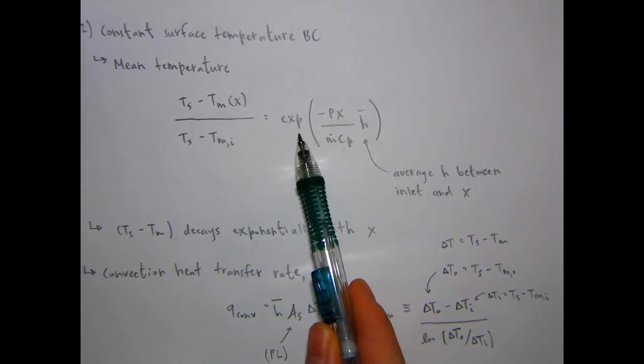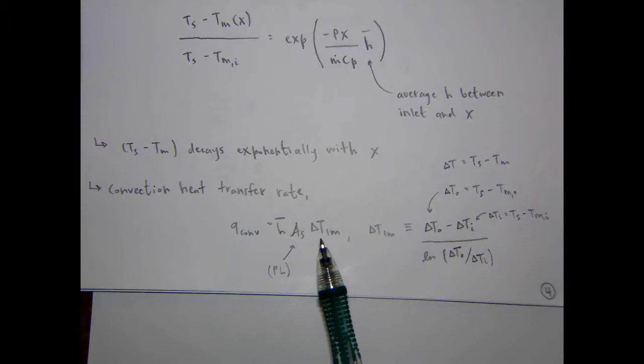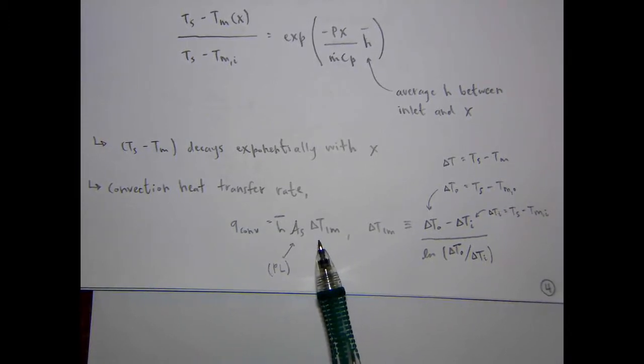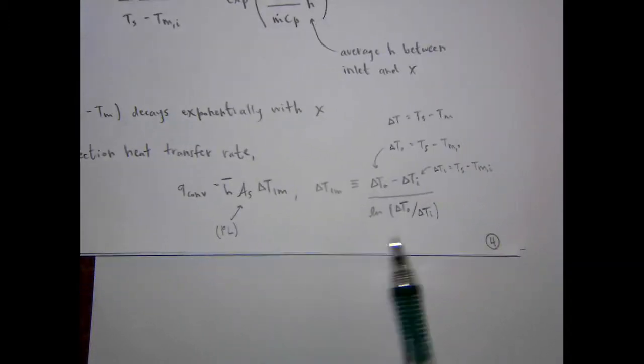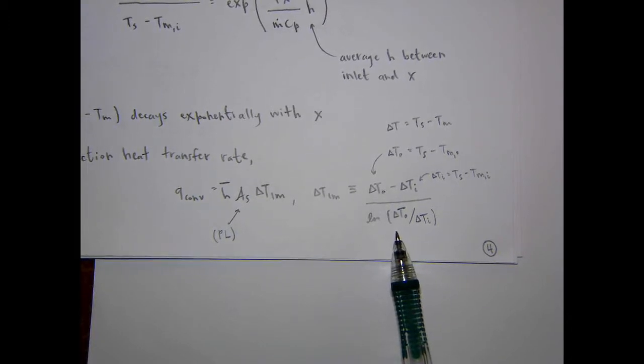So the mean temperature changes exponentially, so you can't just use the direct average of the temperature at the beginning and end. You have to use this log mean temperature difference to account for the fact that it's changing exponentially. Okay, so that's where we stopped with internal flow. Questions on that from Monday?